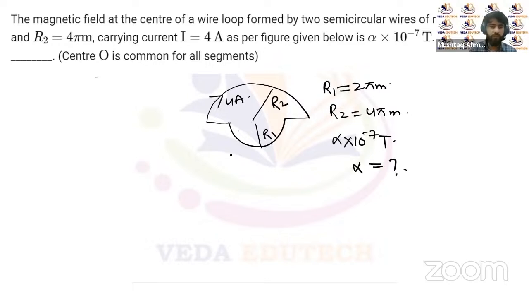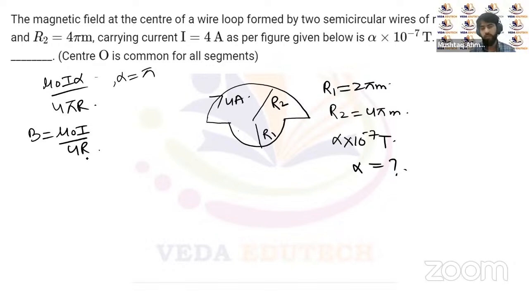We know that for any circular loop subtending an angle alpha, its magnetic field is given as mu naught I alpha upon 4 pi r. Since both are semicircular, the value of alpha will be equal to pi, so the magnetic field will be mu naught I upon 4 r. This will be the magnetic field because of each of these wires.